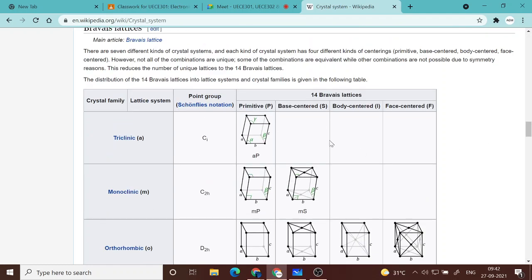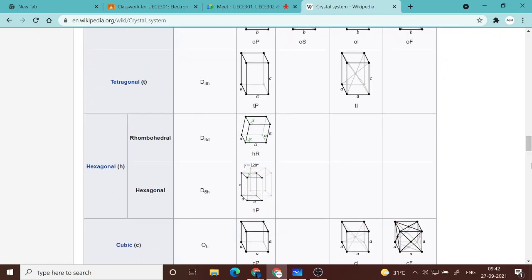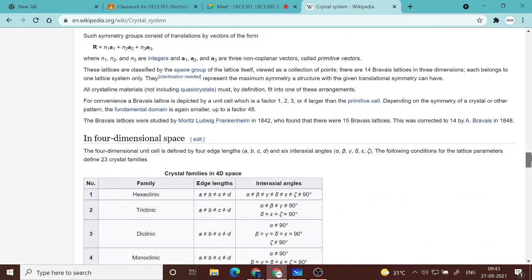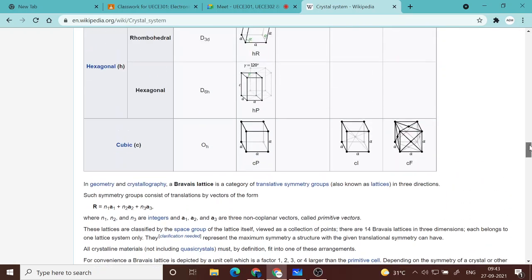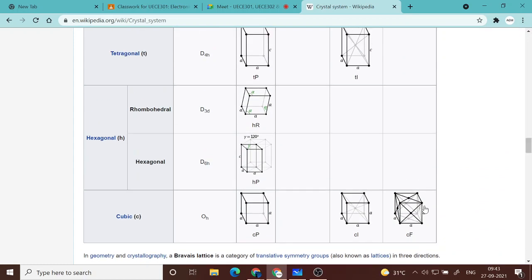If I put these in, it will result in one of the other ones. It is very difficult to really understand these things, but we don't need too much of those details. So right now we will focus only on the cubic lattice.